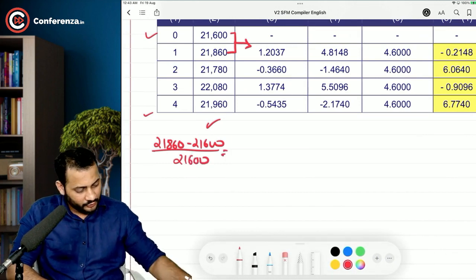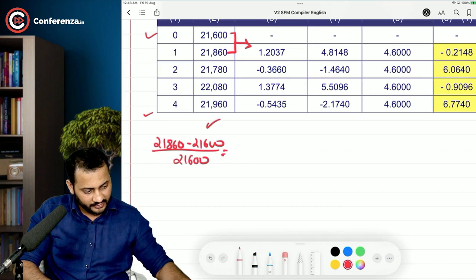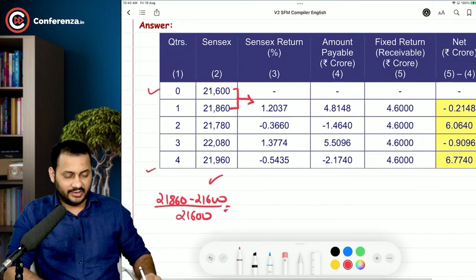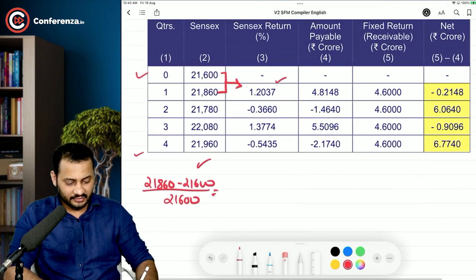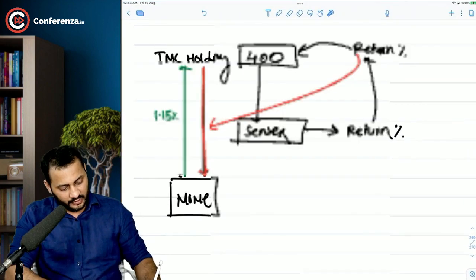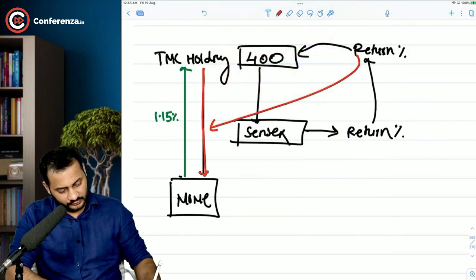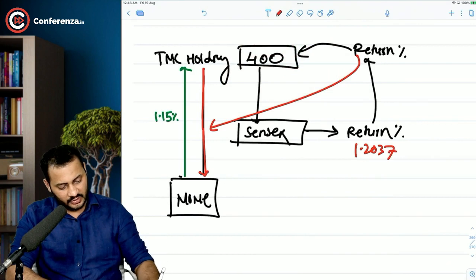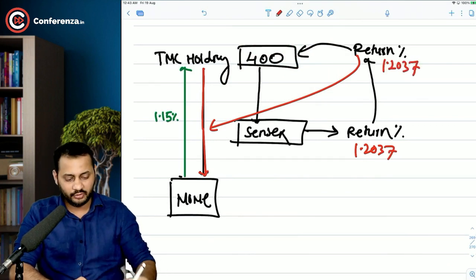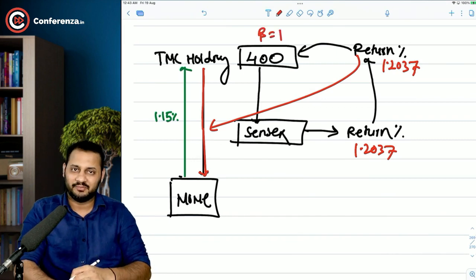No annual or quarterly conversions are required in this. 21,860 minus 21,600 divided by 21,600 into 100. 1.2037. So understand that this is the Sensex return, and this automatically becomes the return on our portfolio. Our portfolio return will be equal to 1.2037 because the beta of the portfolio is 1.